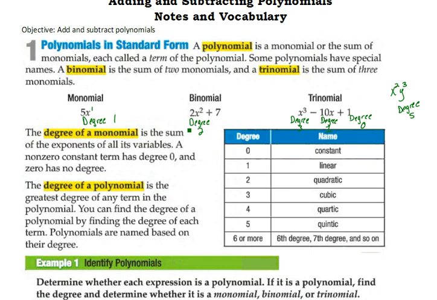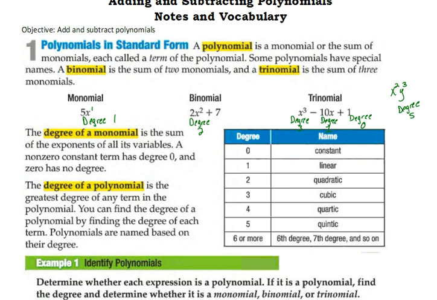We can look at this one right away and realize the highest degree is a 2, so this is what's called a quadratic equation. The highest degree of this one is a 3. I understand there's a 1 in there, but that 3 trumps that 1. So this is going to be a cubic equation. Okay, so a lot of vocab in there that I will definitely say over and over in this section.